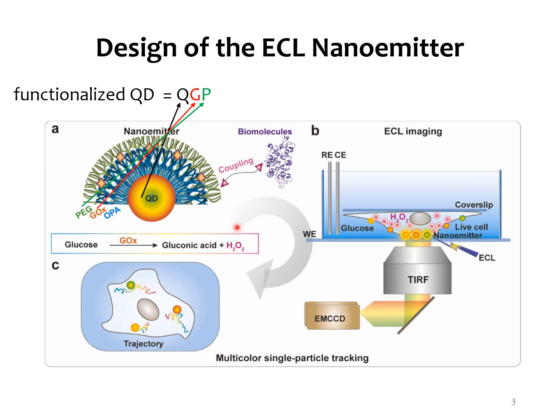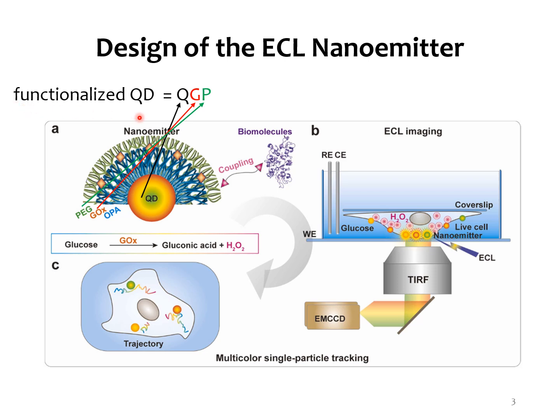In this study, the ECL signal source has two main parts. The quantum dot acts as the light emission body. The enzyme glucose oxidase catalyzes glucose in the environment to continuously generate the co-reactant hydrogen peroxide.